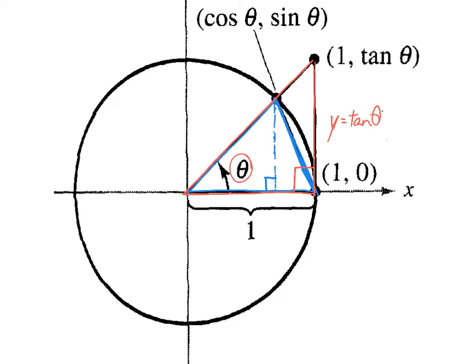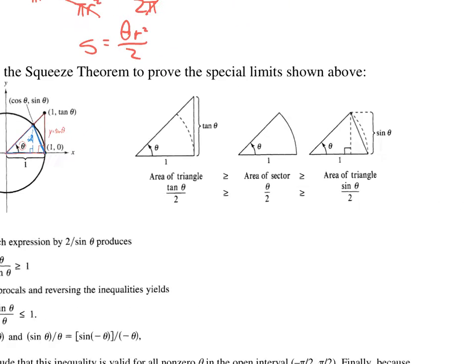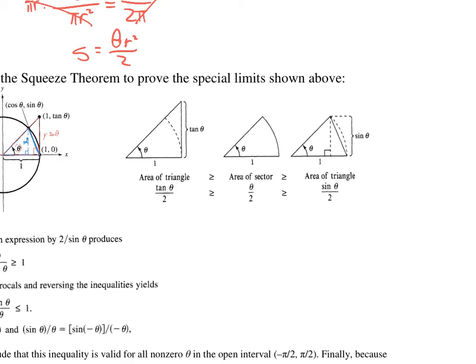So that's sine of theta. So I know that the height is sine theta, and I know the base is 1, so now it's just 1/2 base times height, and I get the area over there to be sine theta over 2. 1/2 base times height. The base is 1, the height is sine theta, so it's sine theta all over 2. Does that make sense?